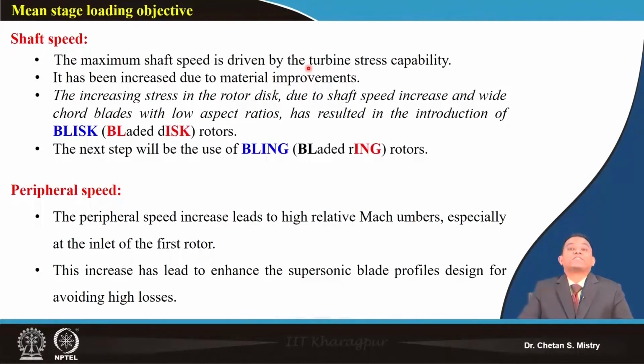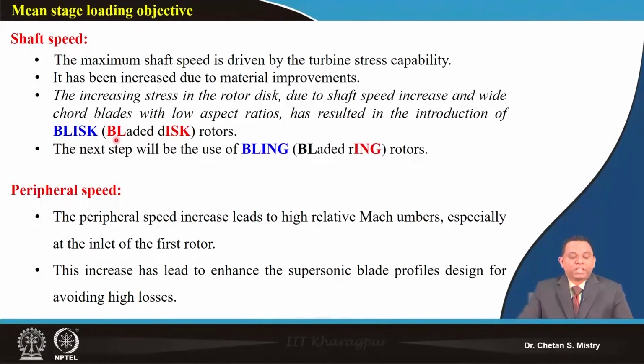Now if we discuss the shaft speed, we have discussed that it has been limited by my turbine stress limit. But with the development of new materials, this issue has now been rectified. The present trend is, with increased stress on the rotor disc due to higher rotational speed, we are moving towards a low aspect ratio blade, meaning we have a higher chord blade, and this has resulted in the introduction of a new kind of configuration defined as blisk rotor.